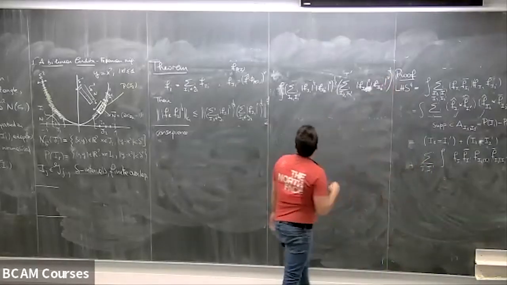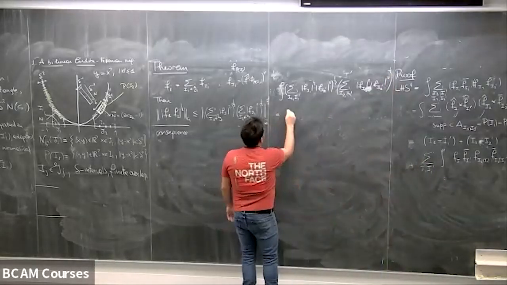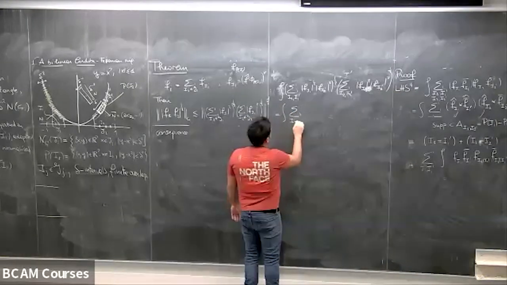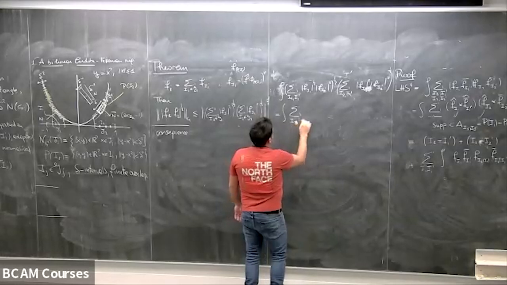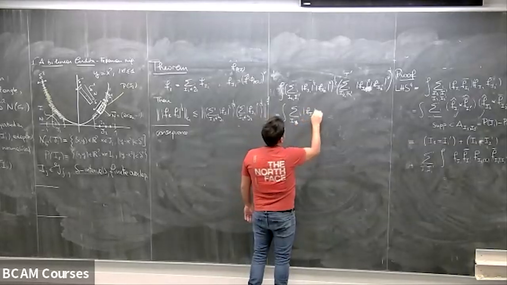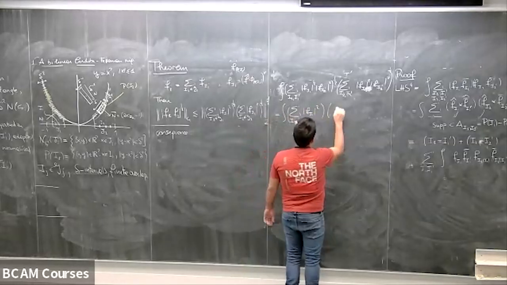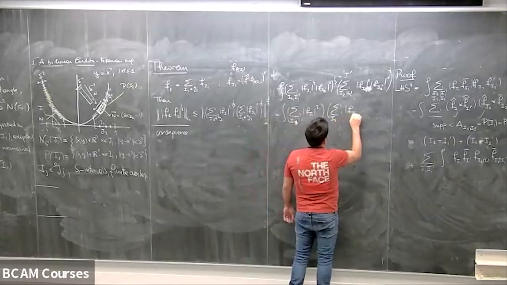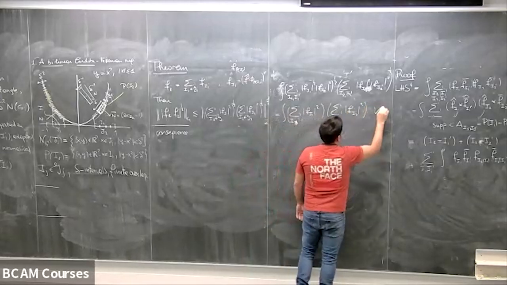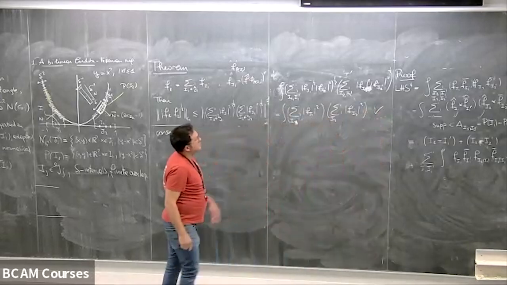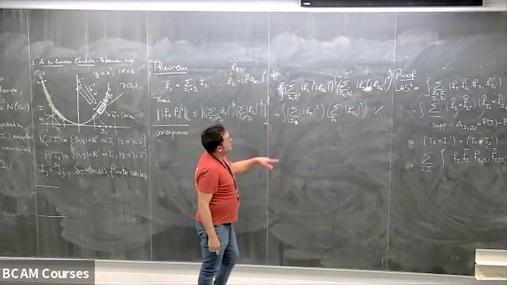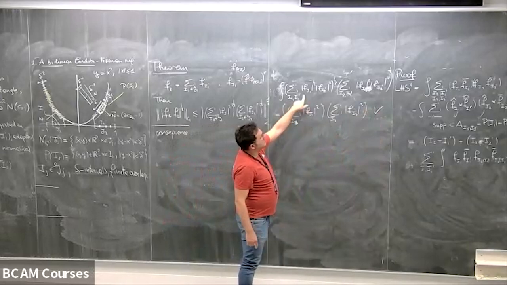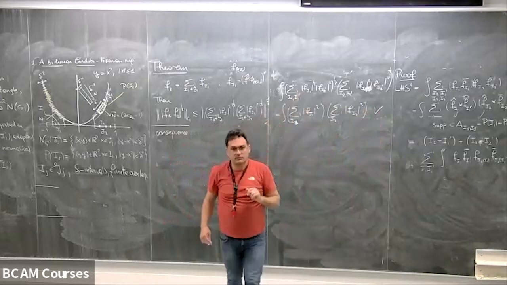This is the most difficult step, in my opinion, to see that this is equal to the sum over I1 of f I1 squared, times, no square root, times sum over I2 of f I2 squared. It's because if you square this, you get this sum.